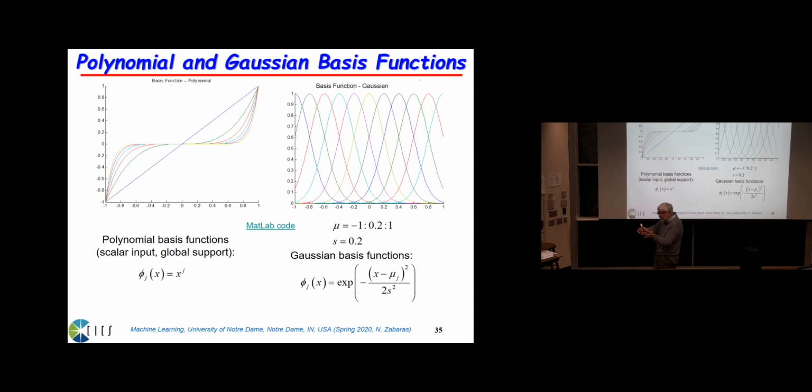We don't want a basis function here that is influencing what's happening down there. We only want the functions whose support around that point is useful for predictions. So basis functions of local support is the key ingredient in what we're looking for.